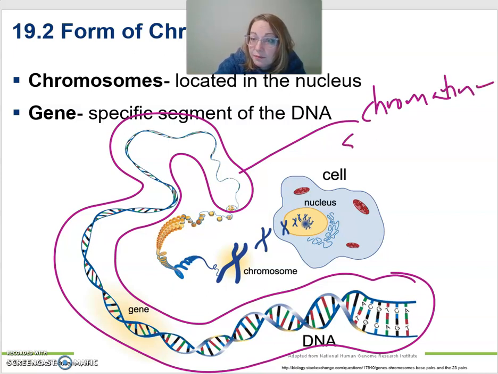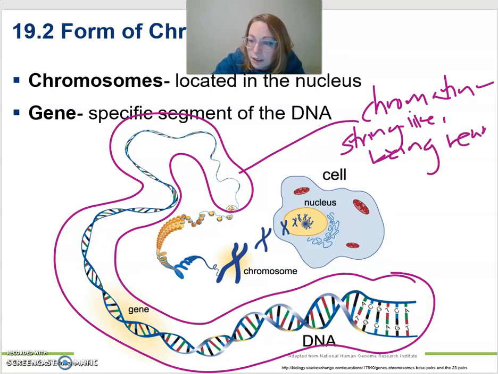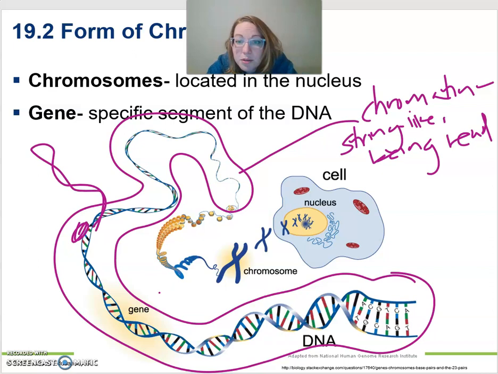It's being read. So enzymes like DNA or RNA polymerase can come in, attach, make RNA, and make proteins. Right? So that's when the cell is actively functioning.